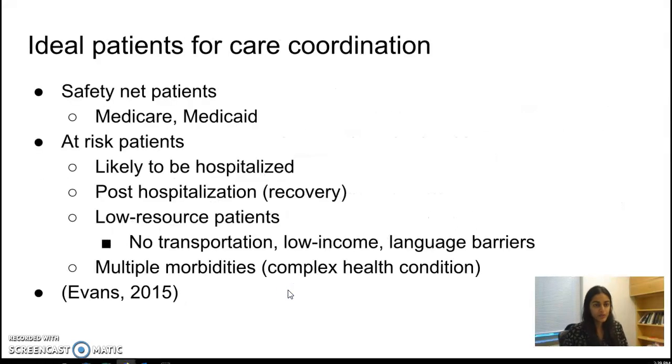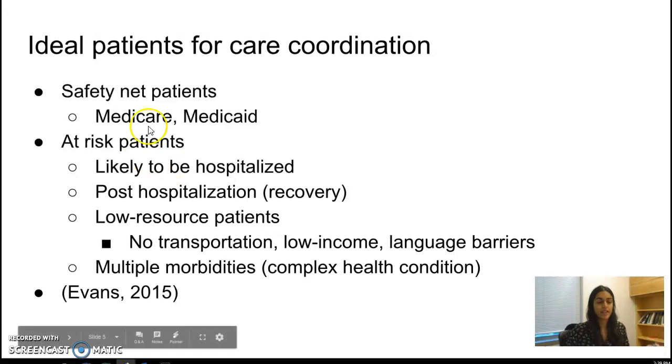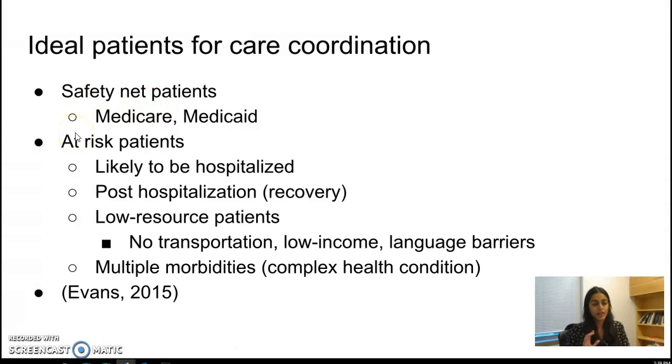So the ideal patients for care coordination are safety net patients, patients on Medicare, Medicaid, because generally these will be patients who are either low income if they're on Medicaid, or if they're on Medicare, they're elderly, maybe they can't hear, maybe they don't understand current health practices because they're elderly or they have issues.